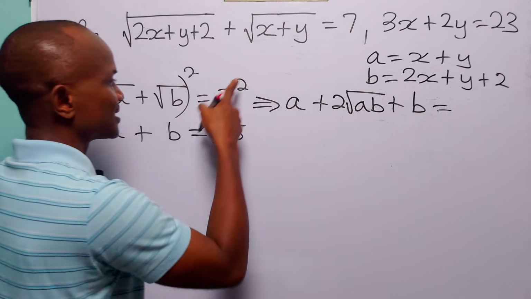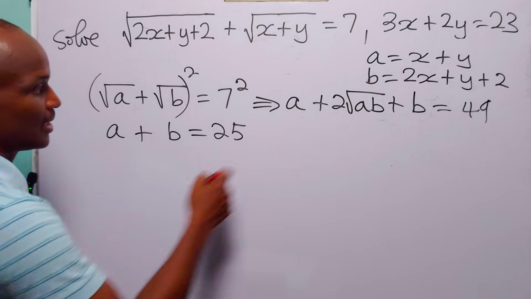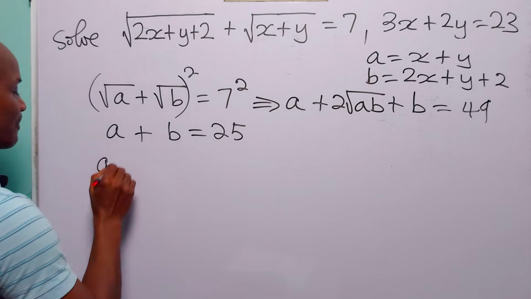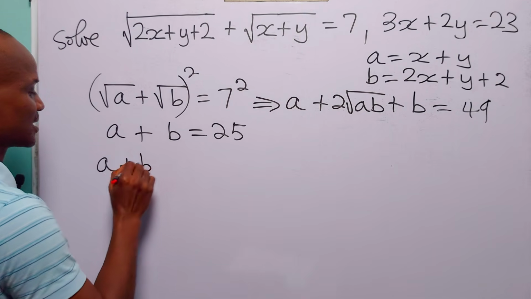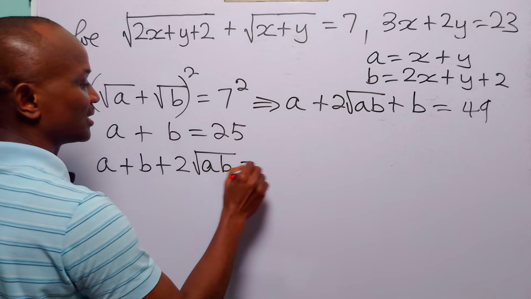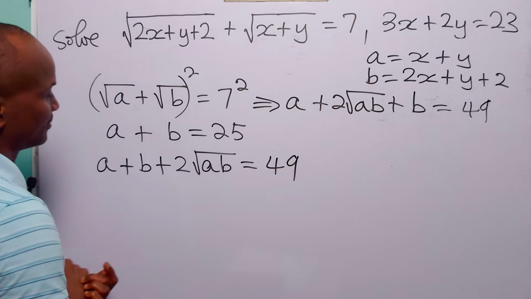And of course, this is equal to 7 squared, which is 49. Now let us rearrange this left-hand side. We have a plus b plus 2 root ab. And of course, this is equal to 49.